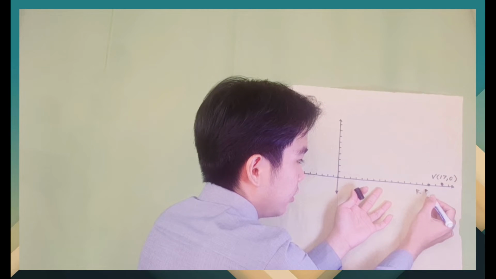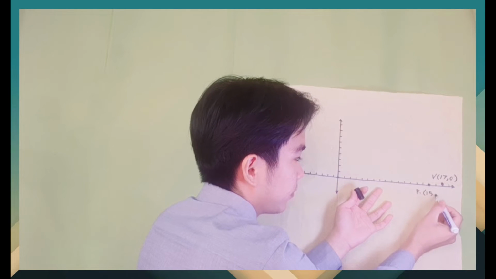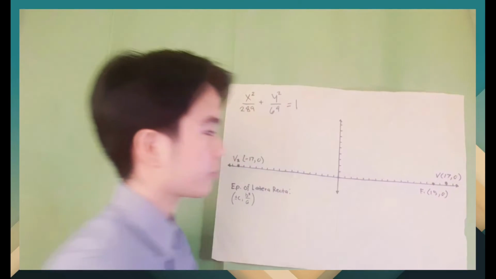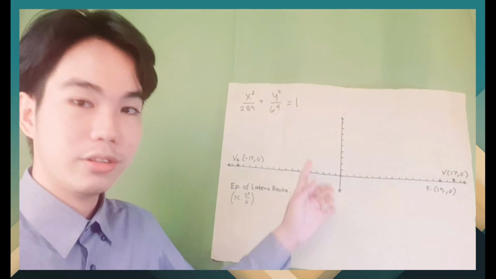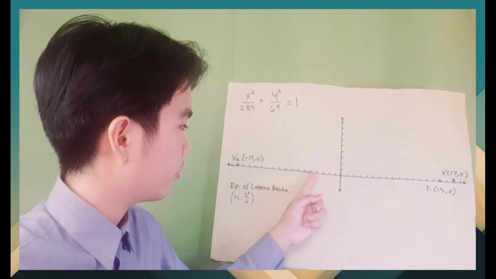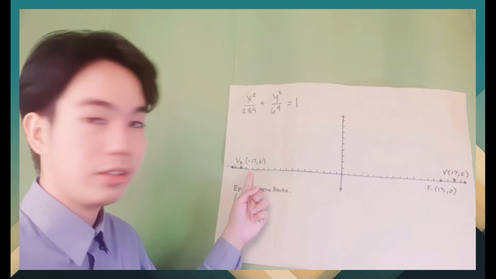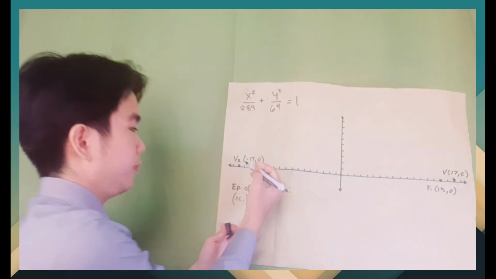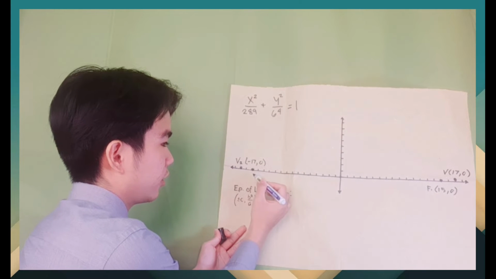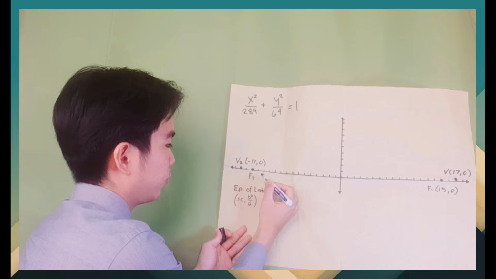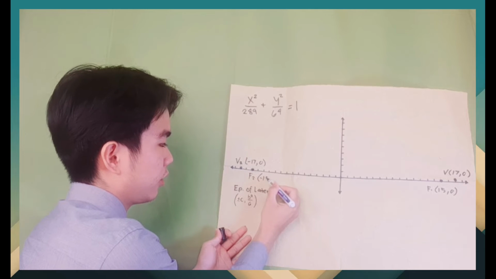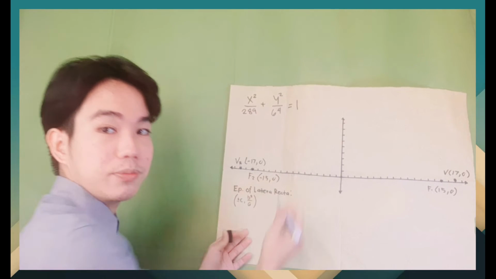F1 is (15, 0). On the other side, counting 1 to 15, the second focus is right here. F2 is (-15, 0).